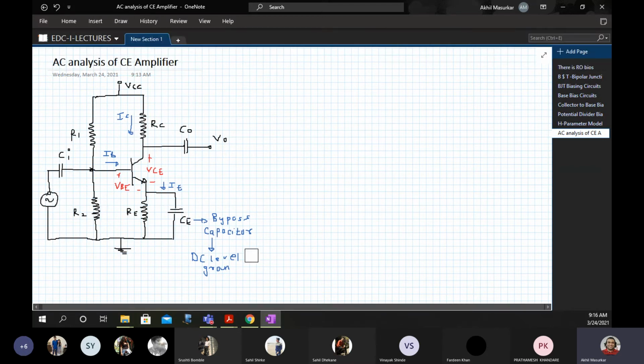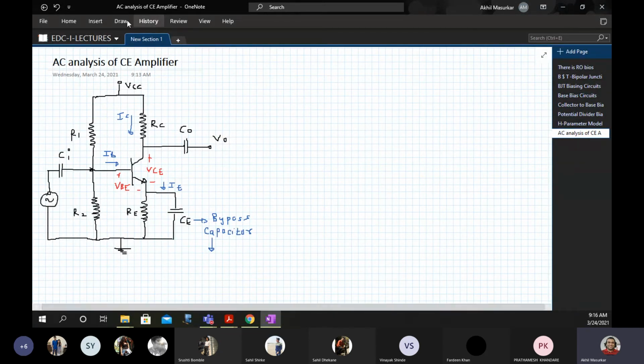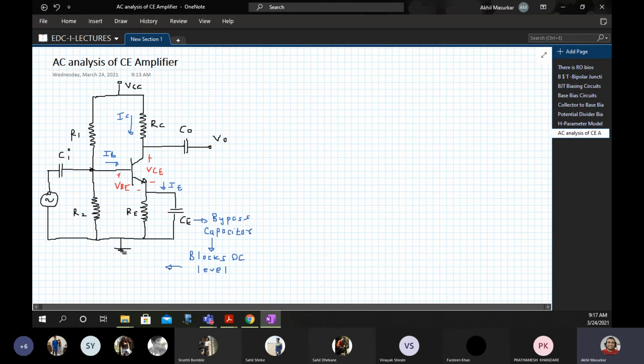And by blocking the DC level, it provides some kind of feedback again back at the emitter.